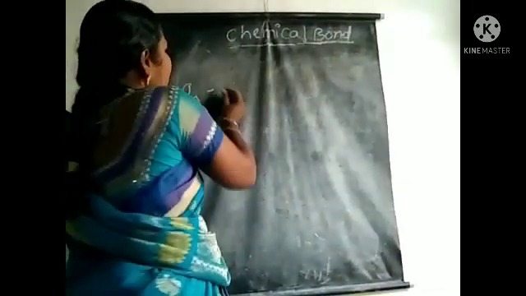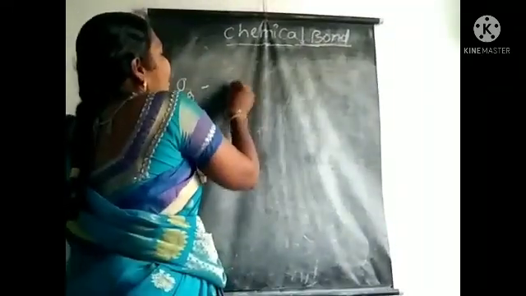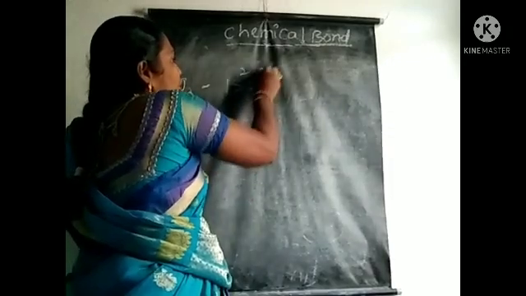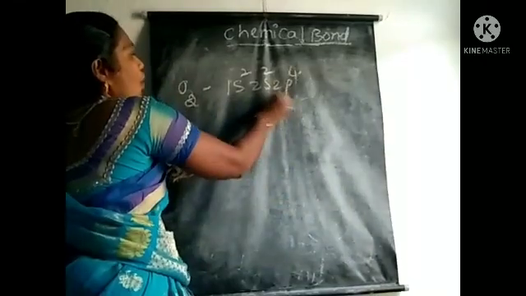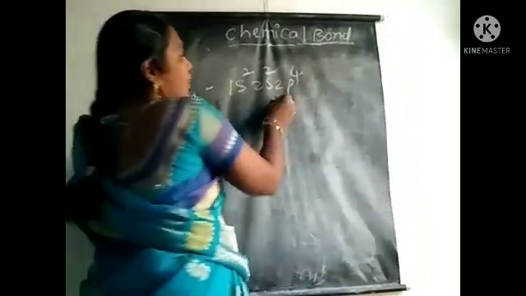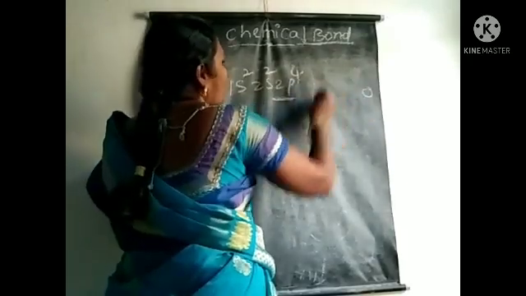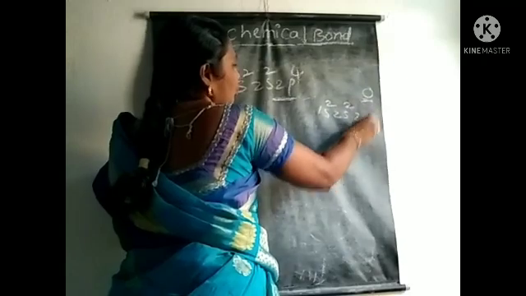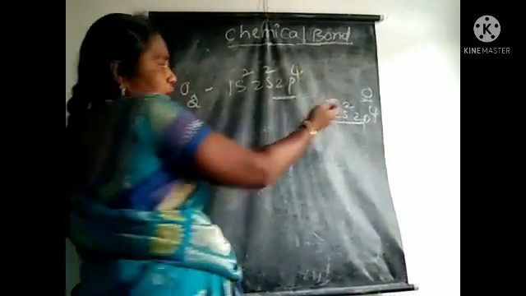Oxygen contains 8 electrons. Let us observe the oxygen electronic configuration: 1s2, 2s2, 2p4. Here also, the outermost shell electrons are in the p orbital. Like that, another oxygen atom also has 1s2, 2s2, 2p4. Here also 8 electrons are present.